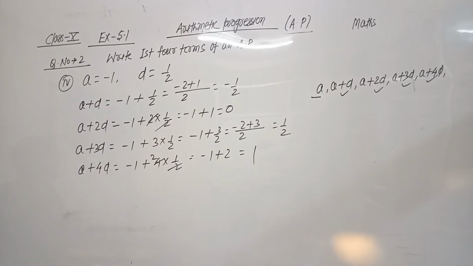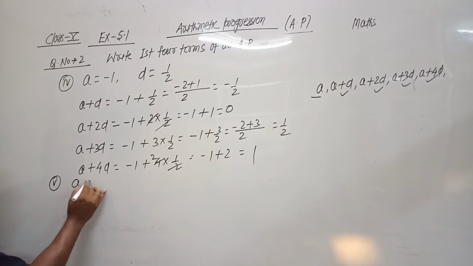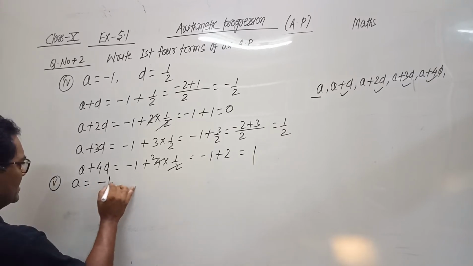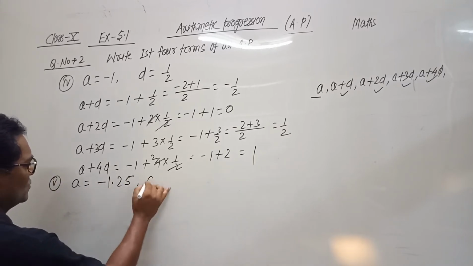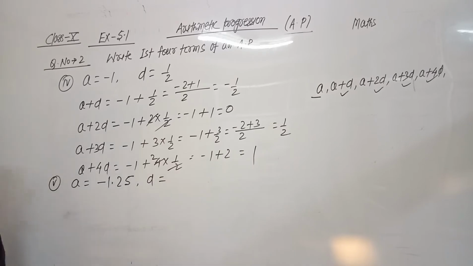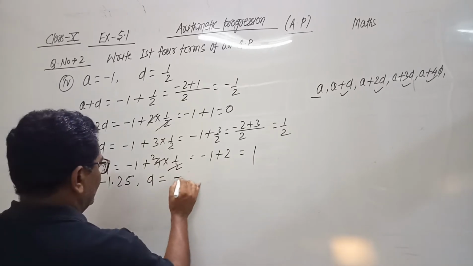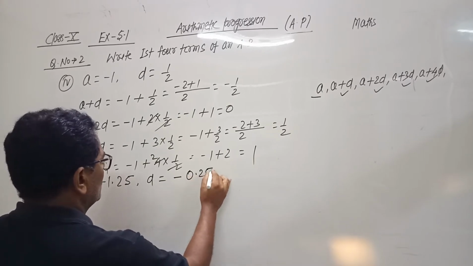4 terms, 3 terms, 5 terms. One more question. We will see part 5 of this question. The value of A is minus 1.25 and the value of D is minus 0.25.